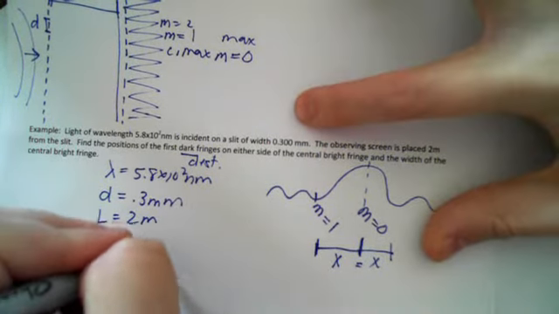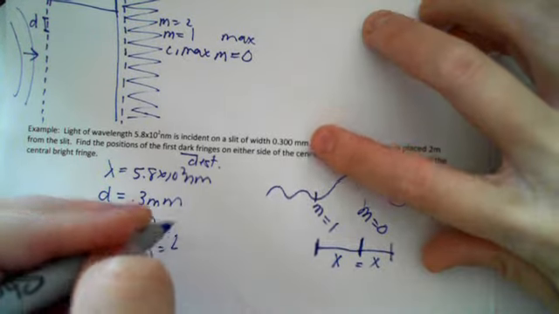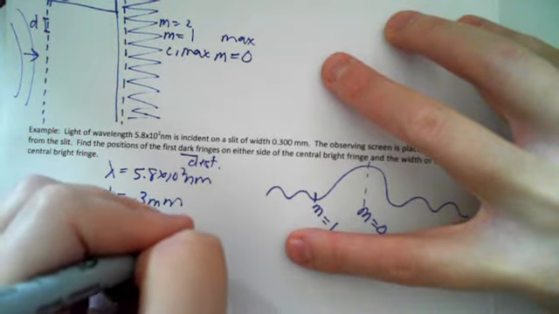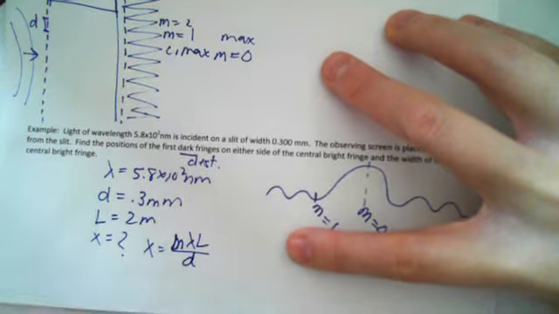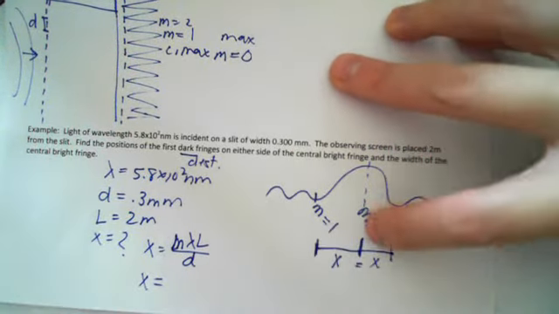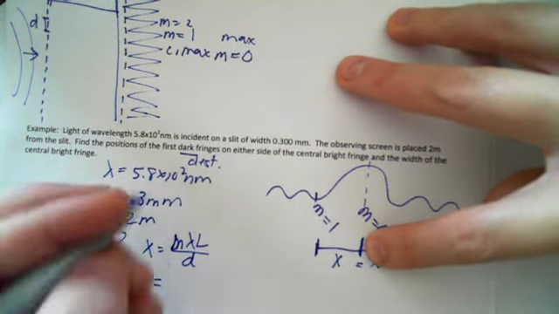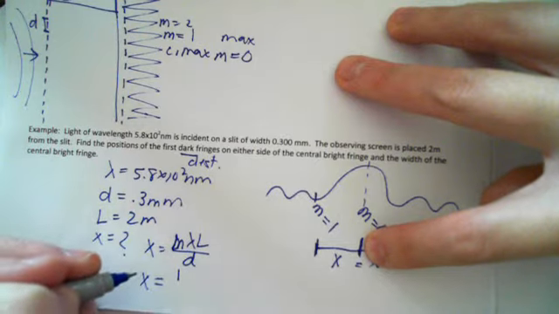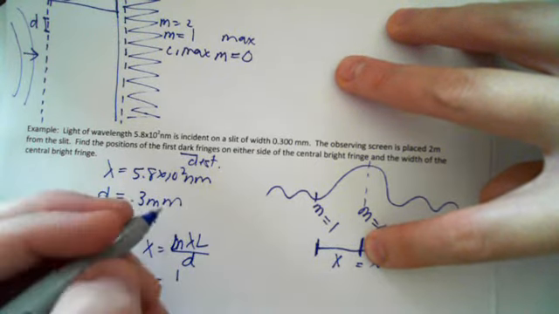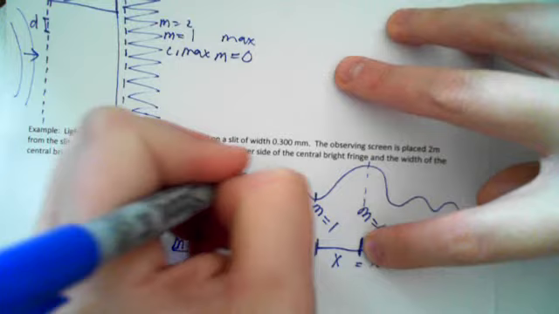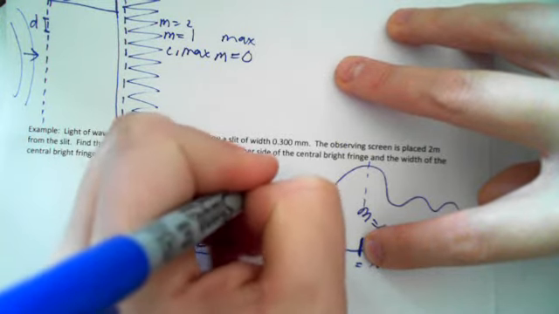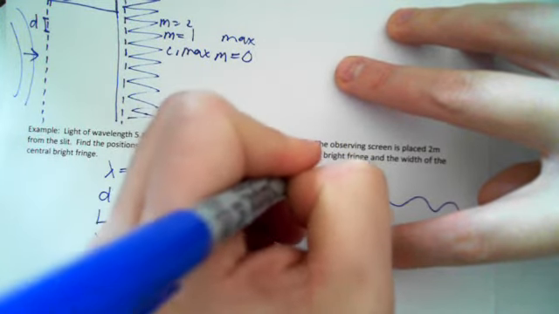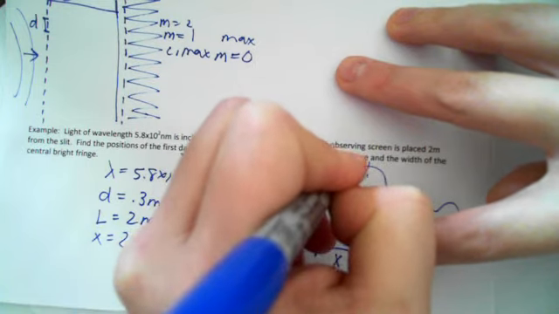So if we plug it into our equation, x equals m lambda L over D. Our order number, because we're going to the first dark fringe, is going to be 1. M is going to be equal to 1. Lambda is going to be 580 nanometers. Guys, that's the same thing as 580 times 10 to the negative ninth meters.